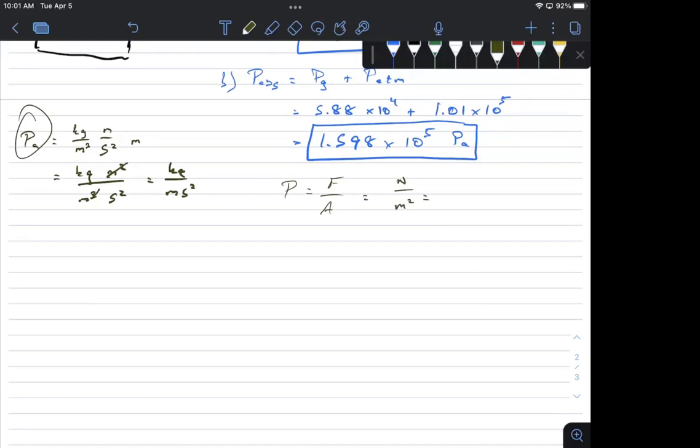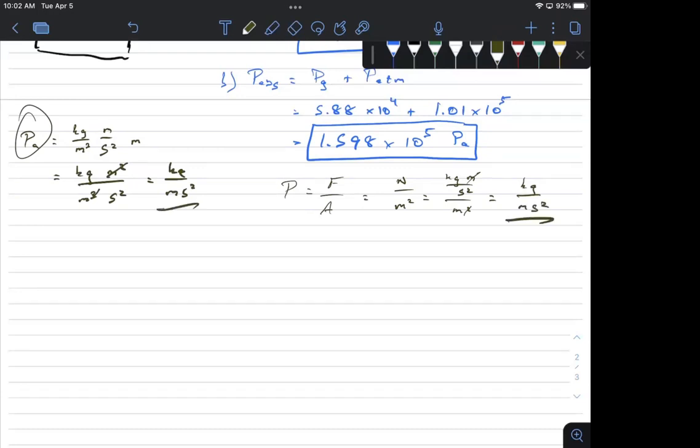Newtons, if you remember, force is mass times acceleration. So newtons is kilograms meters per second squared over meters squared. So this meters cancels one of those meters, and we get kilograms per meters second squared. Indeed, exactly the same units.